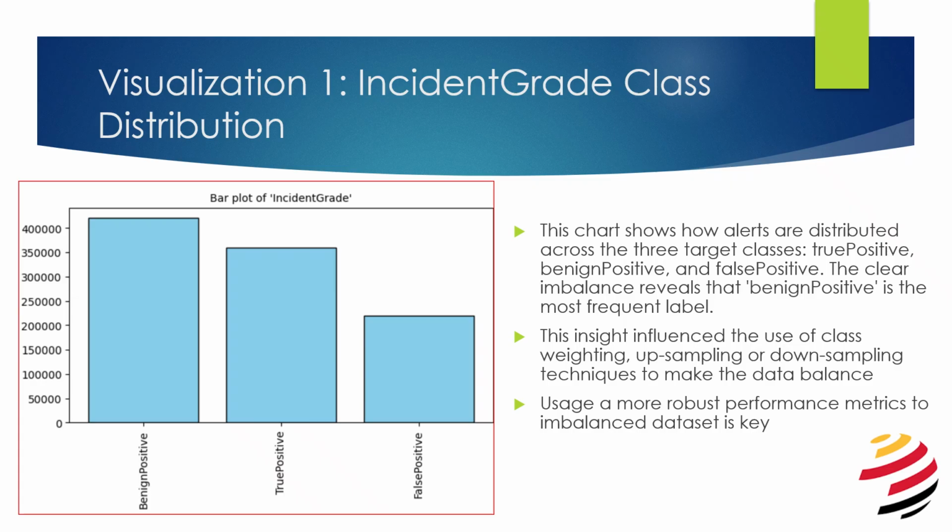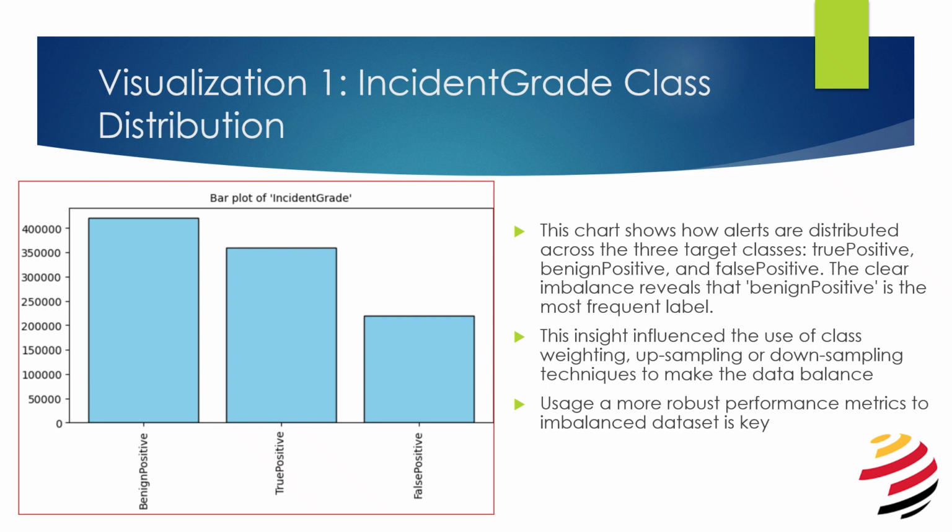The majority of alerts are labeled as benign positive, followed by a smaller number of false positive, and then fewer true positive alerts. This imbalance presents a major challenge for machine learning because most algorithms will naturally lean toward predicting the dominant class. To address this, I use strategies like class weighting and focus more on evaluation metrics like recall and F1 score rather than just accuracy.